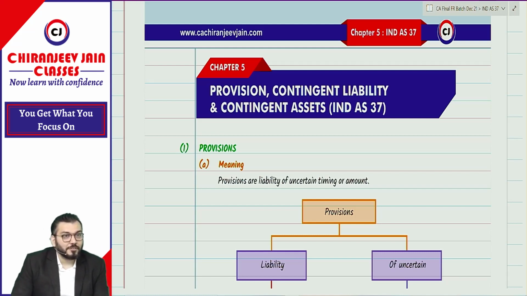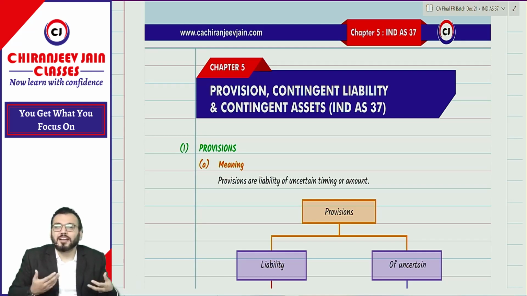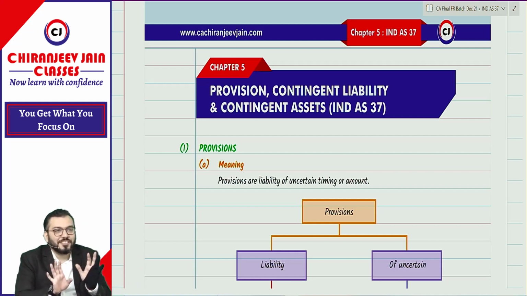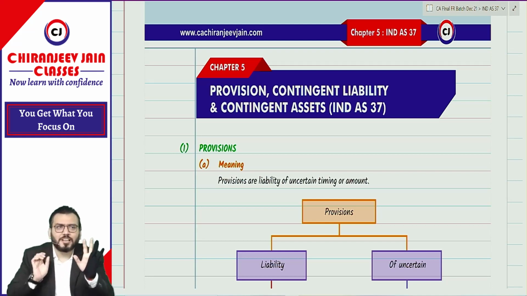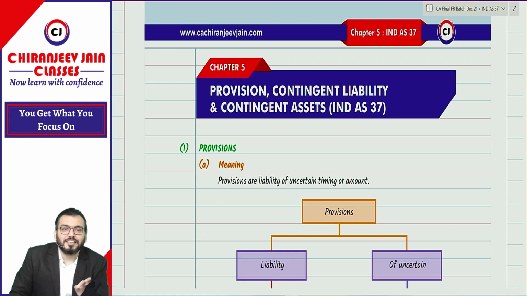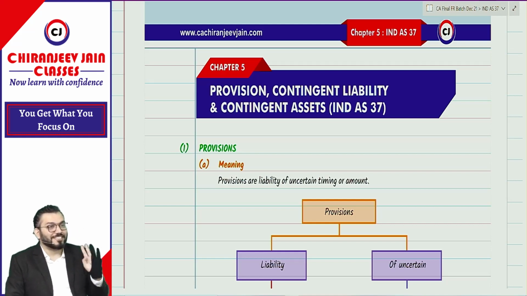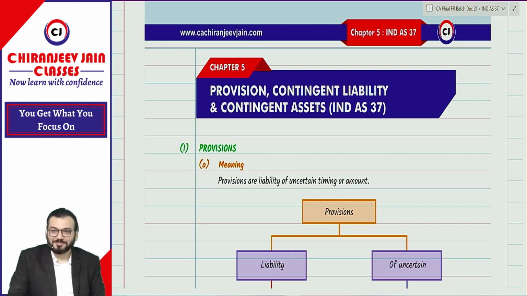If I discuss so many points, it might happen that you are not comfortable, but only for a few days. Once you are adapted to me, you start liking it. So I am just giving you time. Therefore, I started with Ind AS 37, because it is 90% the same as AS 29.